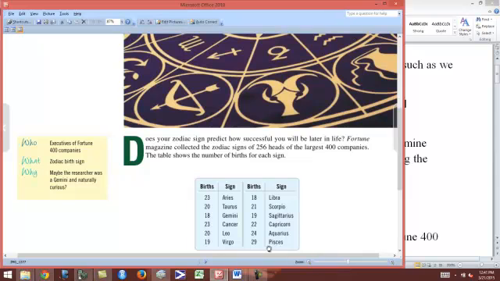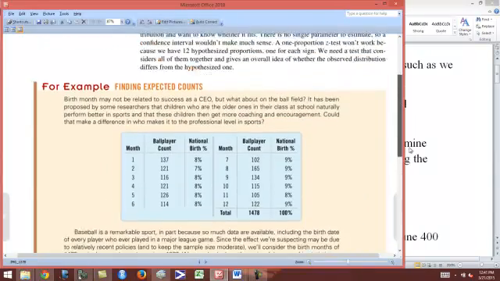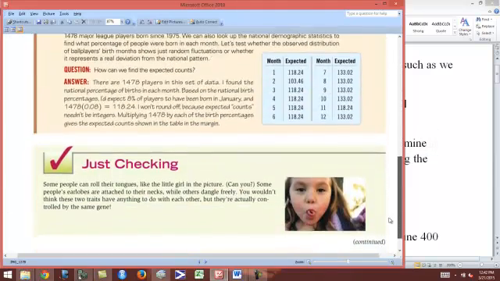So, a representative sample, random, independent, not too big, not too small, of 456 Fortune 400 executives is taken and sorted by birth sign.